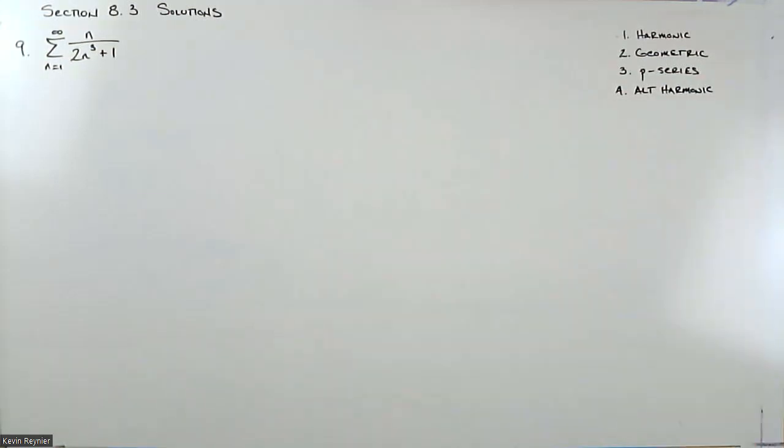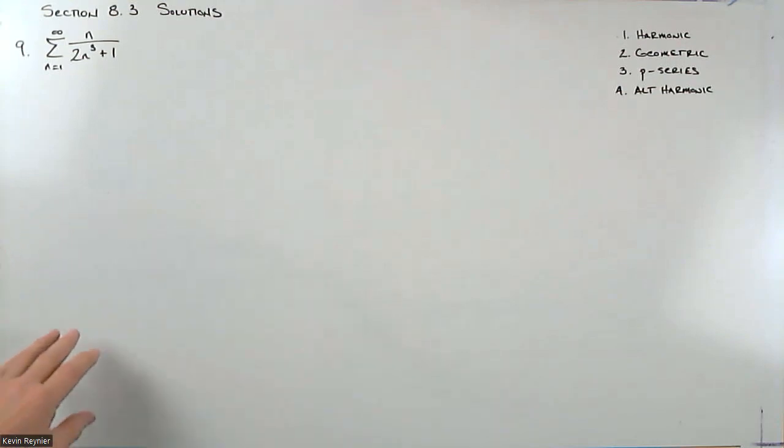But we don't have that one right now because we're still in section 8.3, and in 8.3 we haven't seen the alternating series that come up in section 8.4. But we'll just put it down for now. So when we have a problem and they tell us, as they did in this problem, to use the comparison test, we have to think to ourselves, all right, what can I compare this to?